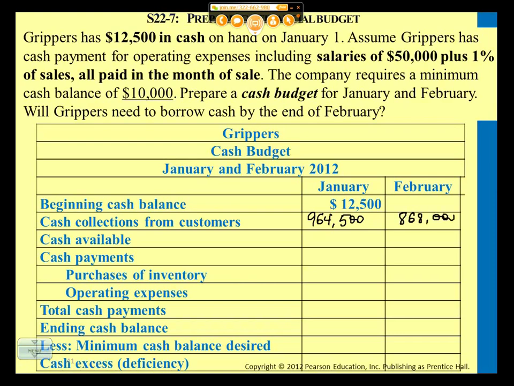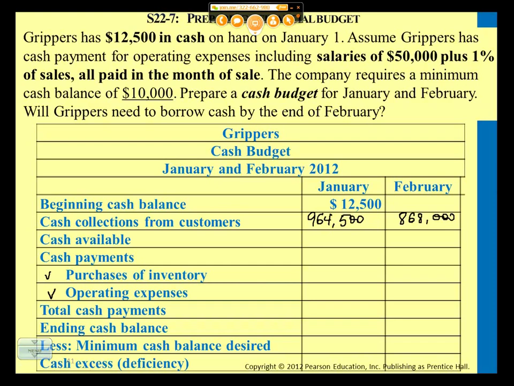So I want you to tell me which one, what numbers do we need here? What are we missing still? Purchases of inventory. What else? Operating expense. Where am I paying?